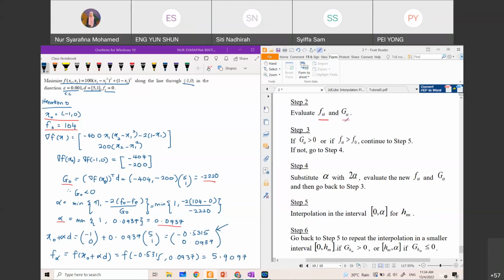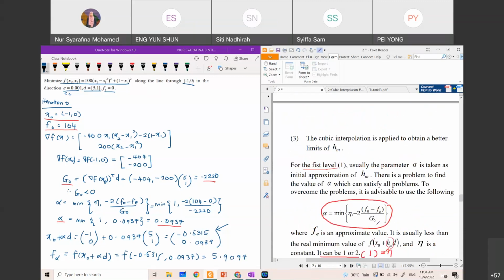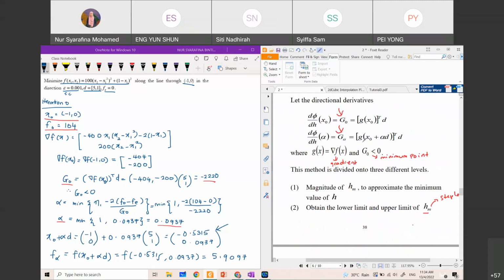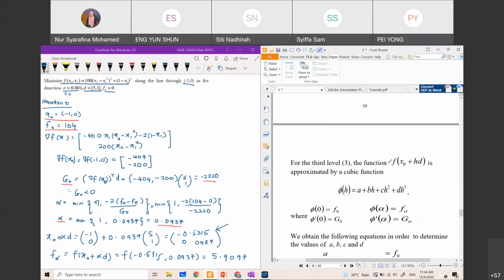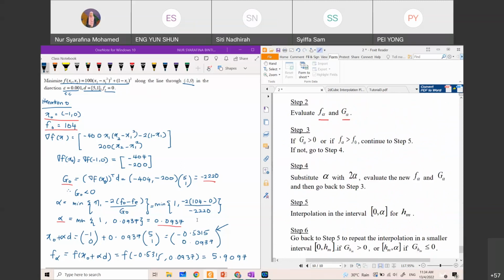Then, what is g alpha? Again, g alpha is given by g of x0 plus alpha d, transpose, times d. So same process. Earlier we made g0. Now g alpha, just use the same process.